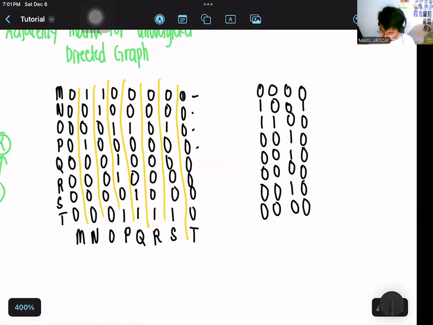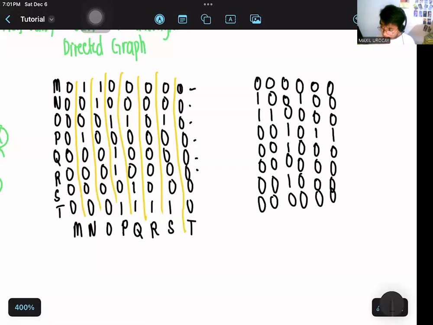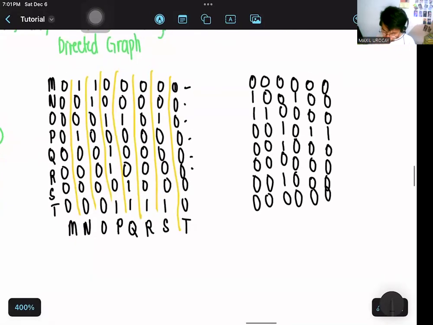And then for P, it will become 0 1, then the rest will be 0. And then afterwards it will become 0 0 0 1. The rest will be 0. And afterwards, the same thing, 0 0 0 1. The rest will be zeroed out. After here, it will become 0 0 0, there will be 4 zeros, then 1, then 3 zeros.